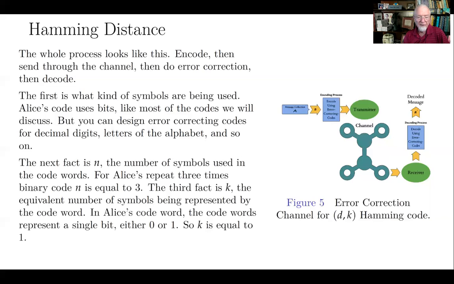The third fact is K, the equivalent number of symbols being represented by the code word. So if Alice's code word represents 0 or 1, then K is 1. So the Hamming code is a 3-1 code in this case, for the code that Alice is using.